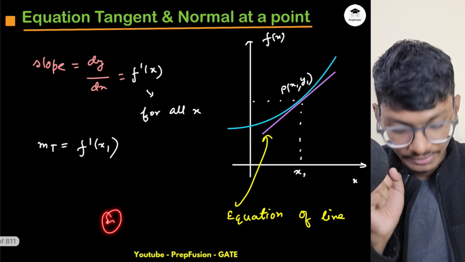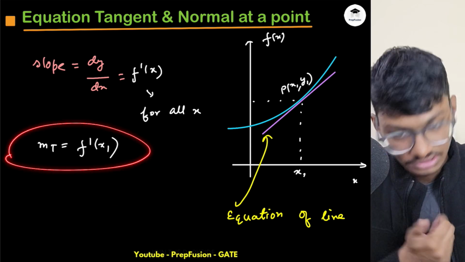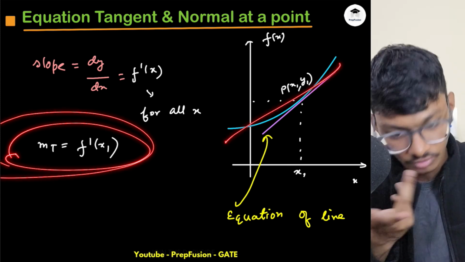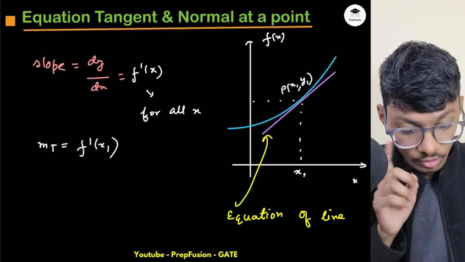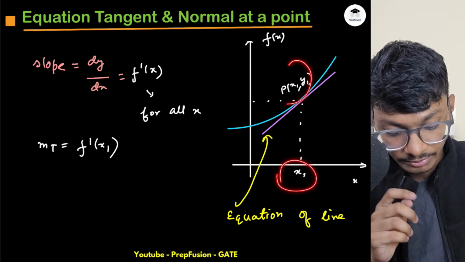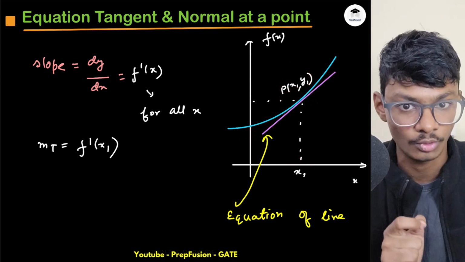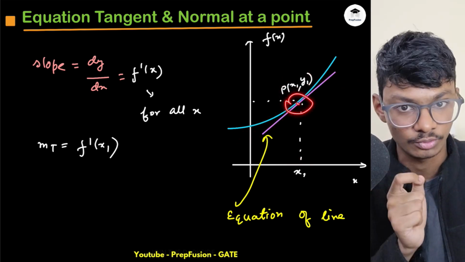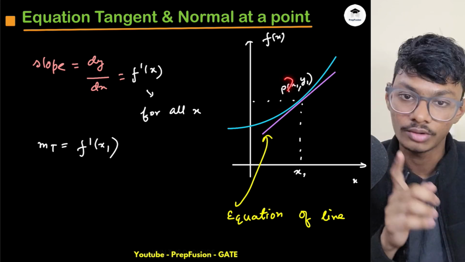This m in y equals mx plus c, I already know because this is the slope of this line. I only need to find the c. How will I find the c? You will find the c just by putting in this point, because this line has to pass through this point. Because there is a tangent at this point, obviously this tangent has to satisfy the point itself. So x1, y1 should satisfy.